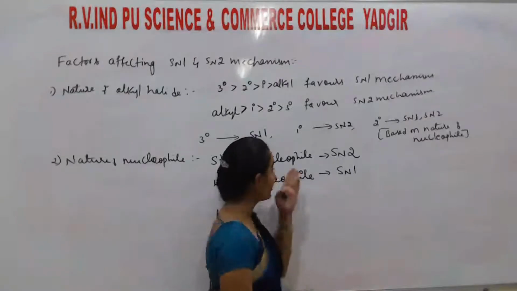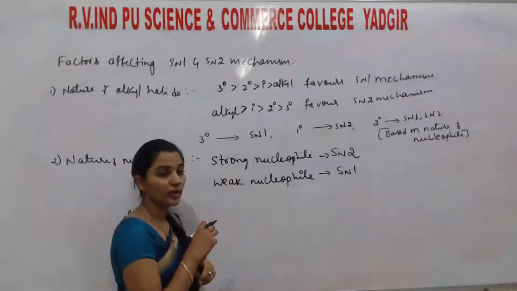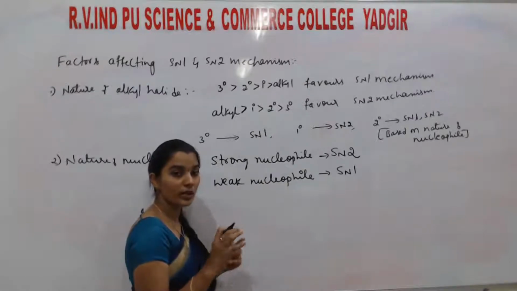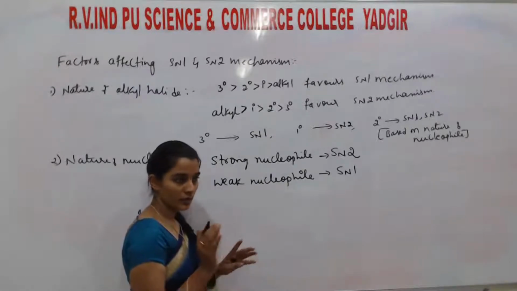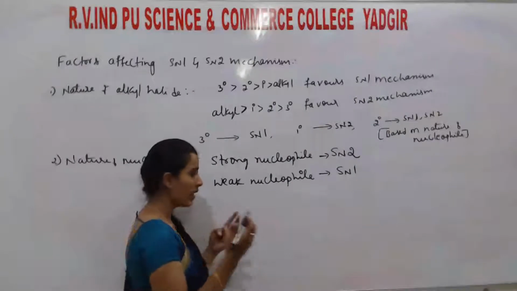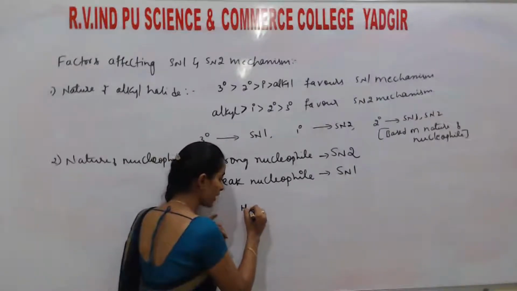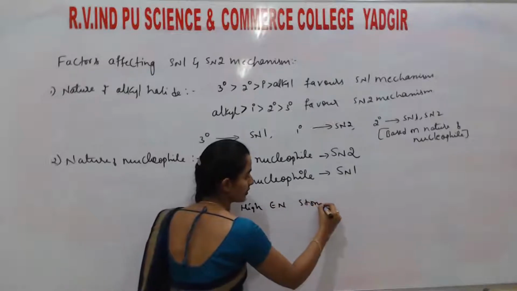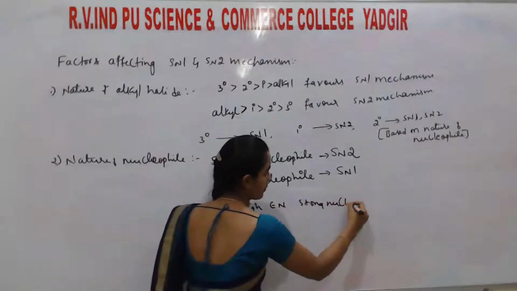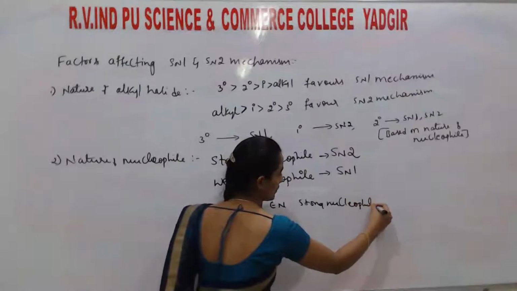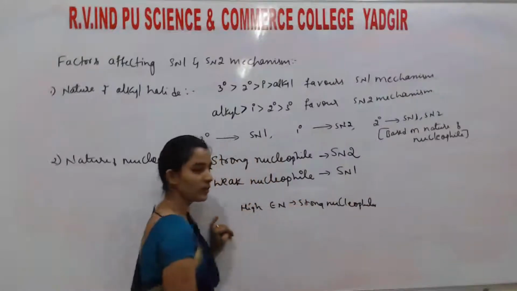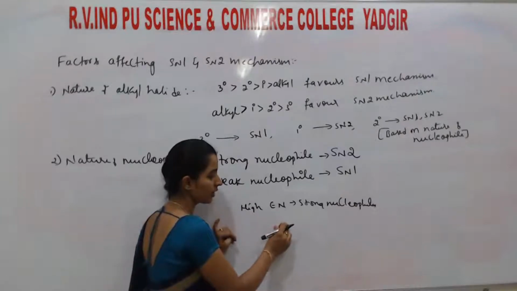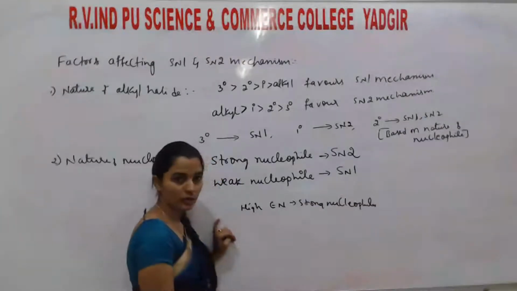So how can we say which one is a strong nucleophile and which is a weak nucleophile? The species with high electronegativity are strong nucleophiles, and the species with low electronegativity are weak nucleophiles.